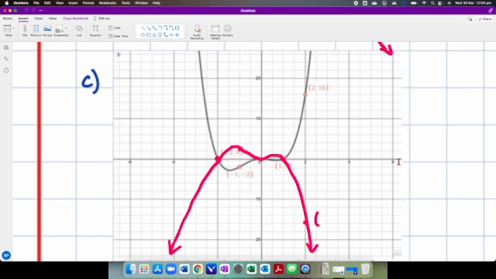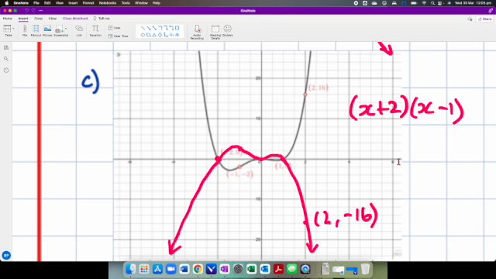Would you ever have to find an equation for that? You potentially could. You could be asked to find an equation because see how it bounces off 0? For an equation for this, we know it passes through 1 and -2. So I know it's going to be something like x plus 2, and I know it's going to have x minus 1.